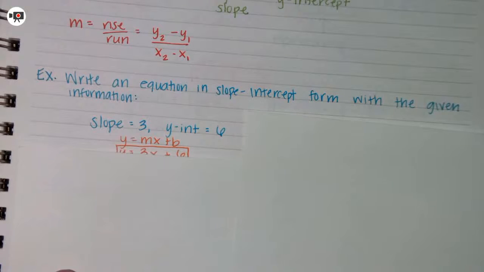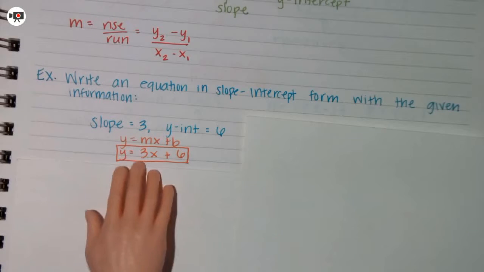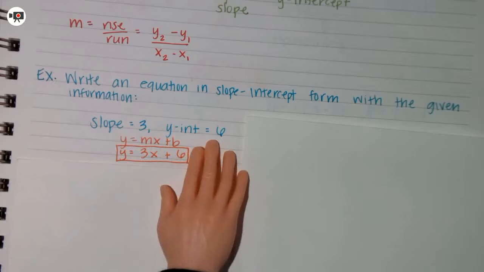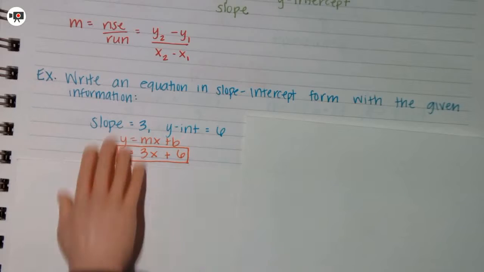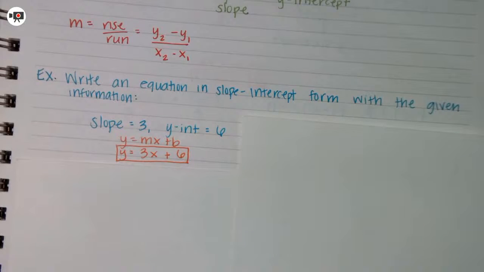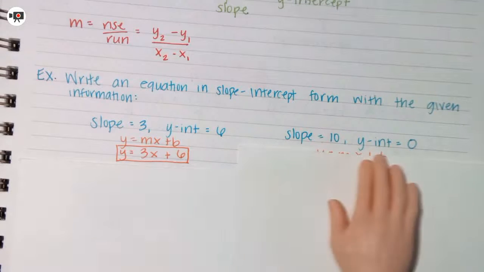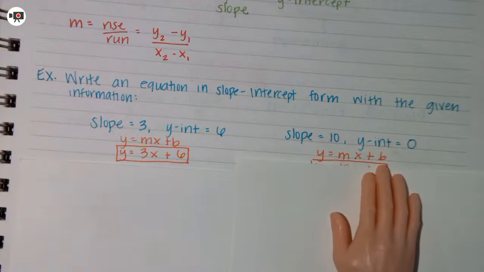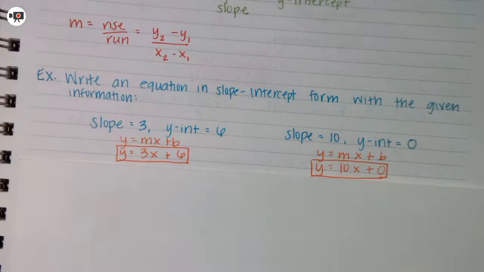So, plugging it in, you have y equals 3x plus 6. M is slope, b is the y-intercept, so you just plug it in. If I give you a slope of 10 and a y-intercept of 0, plug it into y equals mx plus b, and we have y equals 10x plus 0.